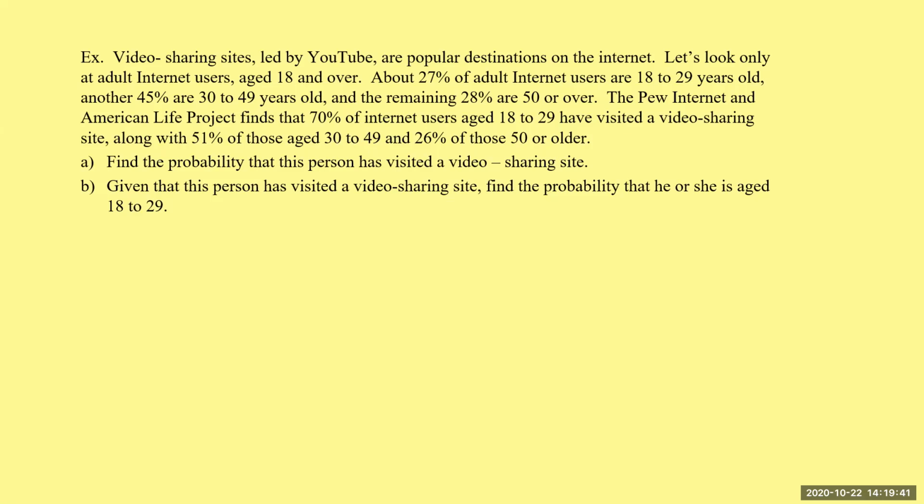So two questions here. Find the probability that this person has visited a video sharing site. And given that this person has visited a video sharing site, find the probability that he or she is aged 18 to 29. So most of the time when you have this many percentages, this is your clue to make a probability tree.